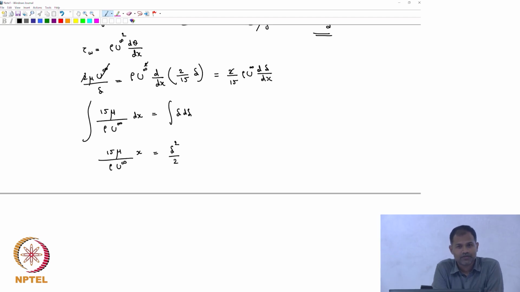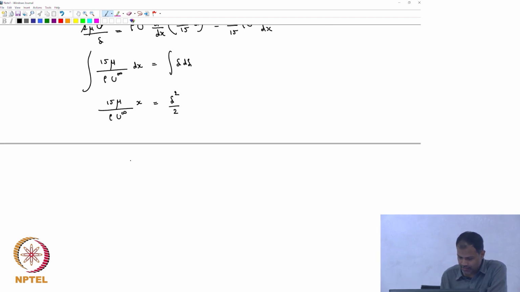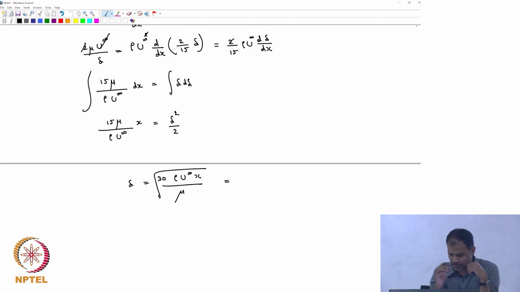Hopefully that's okay, because we are supposed to get a root, and therefore I get delta equal to square root of 30 mu x divided by rho u infinity. No, there's something else missing. What is it that I'm missing? I'm ending with a dimensional quantity equal to a non-dimensional quantity.